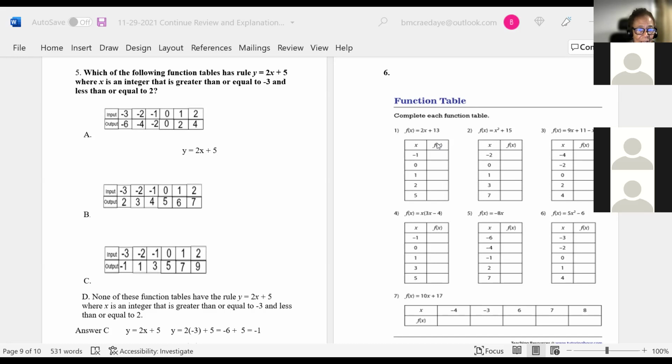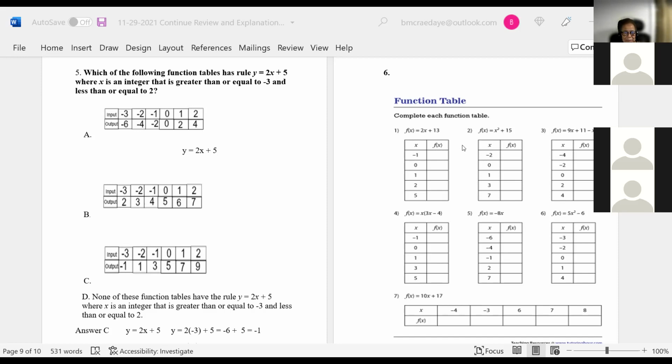So f of x is your output, x is your input. You plug the input into this equation. 2 times negative 1 is negative 2 plus 13 will give you 11. So that first one would be 11.